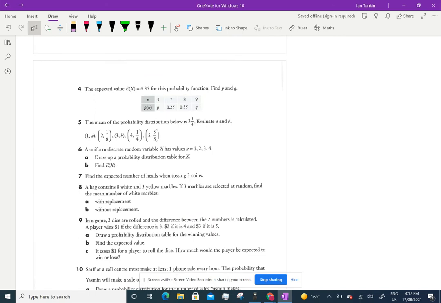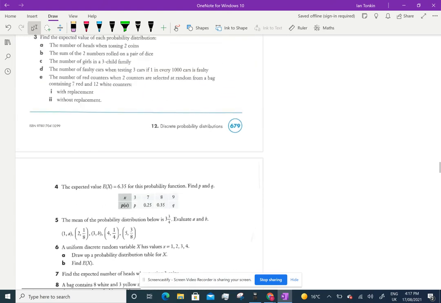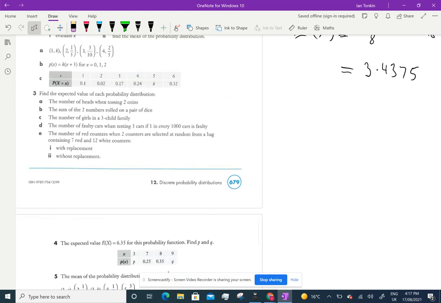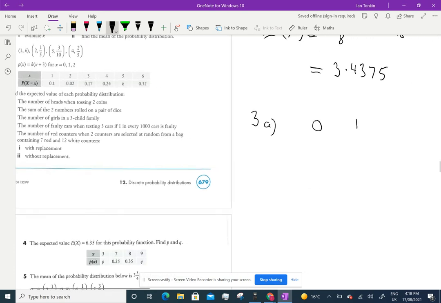Draw up a probability. A uniform discrete has 1, 2, 3, 4 draw. So I'm going to do 3 and 6. So let's have a look at 3. Find the expected value of each of these. The number of heads when tossing 2 coins. So here's 3A. When I toss 2 coins, I can get 0 heads, 1 head, or 2 heads.